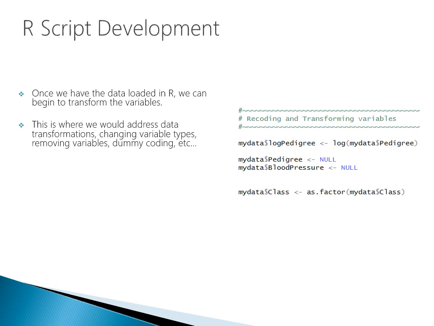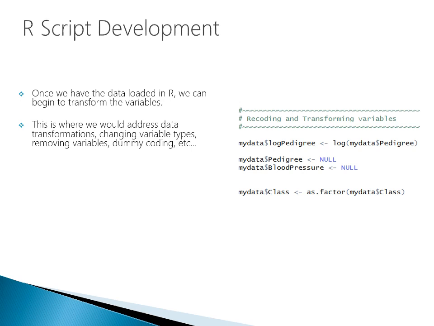But then I have my less than and dash sign. And on the right-hand side, I'm performing a log transformation. So the mathematical translation in our language, in this case, is log, parenthesis, my data, $ sign, pedigree. And pedigree actually is a column that exists in my data frame. So you can, in one step, perform this transformation and apply the results into a new column in the data frame itself.